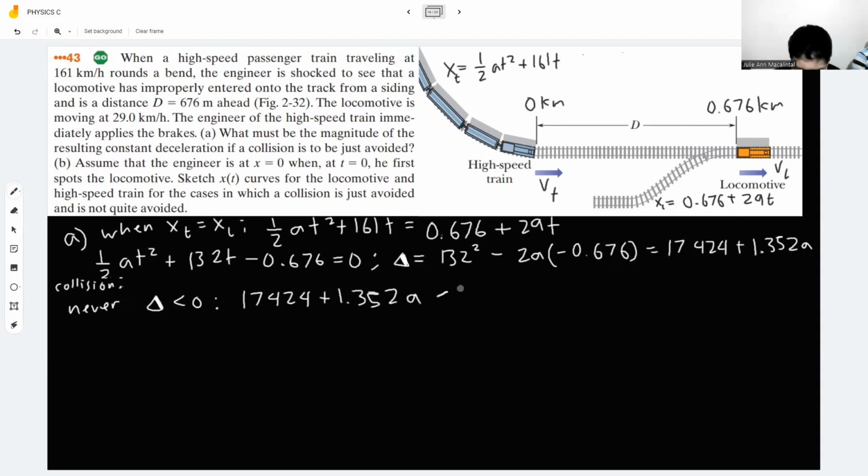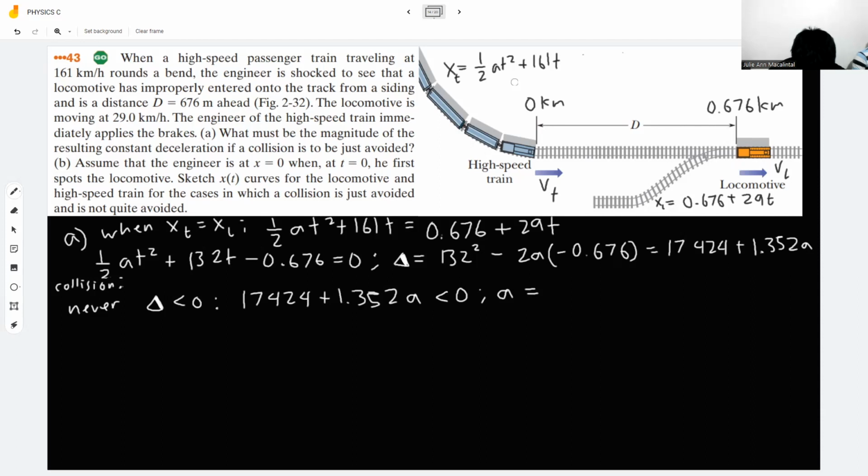So 17,424 divided by 1.352. Wait, something must be wrong. Why? Okay, it's in kilometers, I see. And our time is in hours, right? Yes. And what did the key give? Meters per second squared?